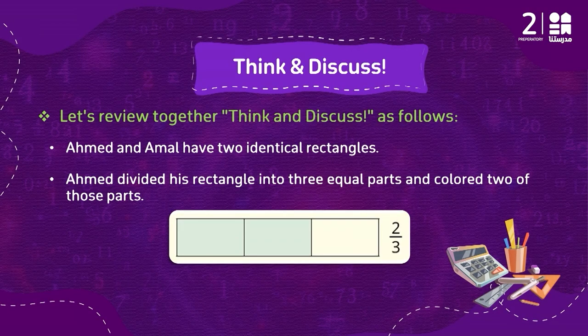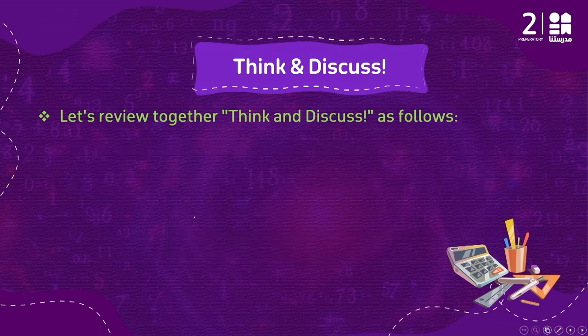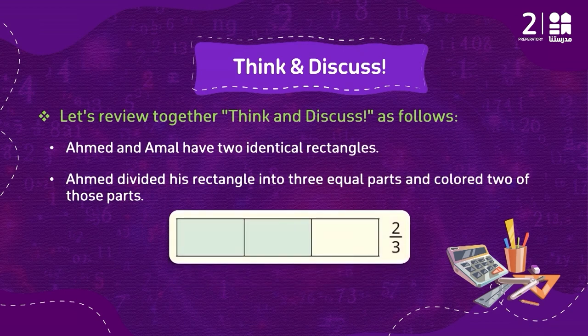There are 2 persons having 2 identical rectangles. Ahmed divided his rectangle into 3 equal parts and colored 2 of those parts. As you can see, here we have this rectangle. It's cut into 3 parts. Ahmed colored just 2 only.